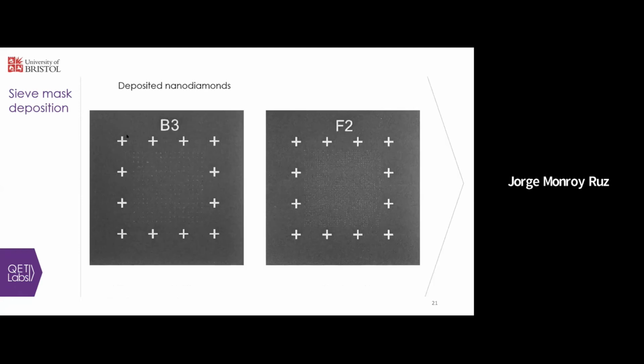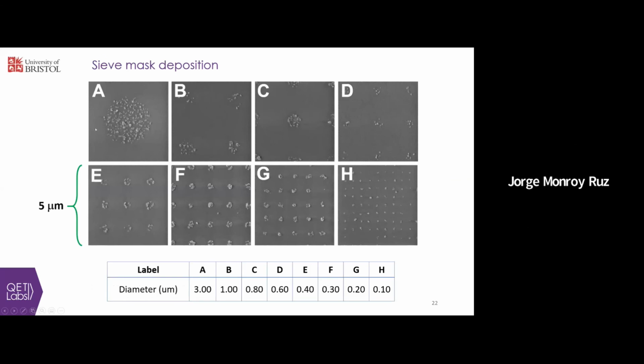These are some SEM images of our arrays of different hole diameters. So you can see here holes of 3 micron diameter with many of these nanodiamonds. But then when you reduce the diameter size, you start getting to the regime where you deposit single or probably a couple of nanodiamonds, which enables us to start thinking, okay, now we can deposit them where we want.